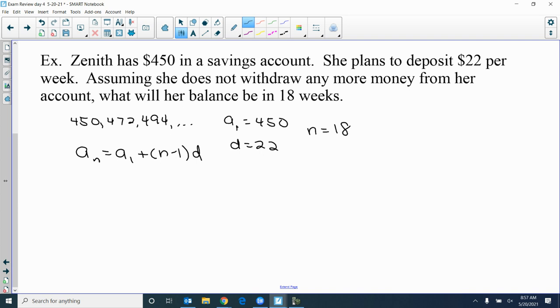Plug into this equation. A sub 18 equals A sub 1, which is 450, plus 18 minus 1 times 22.